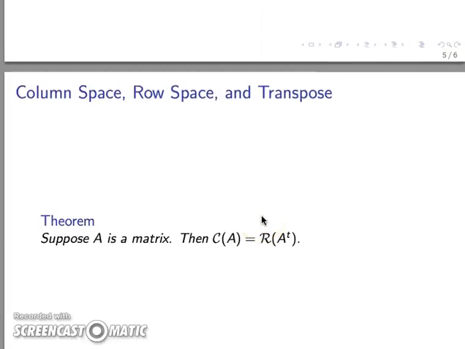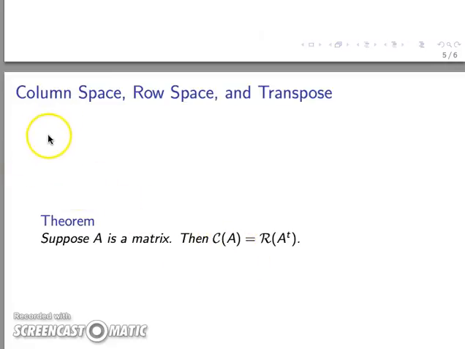Very importantly, basically what we have done here is summarized by this theorem. Suppose you have a rectangular matrix A. The column space of A is always equal to the row space of A transpose. You may think, what is new about this?